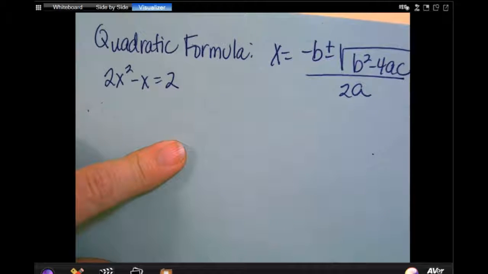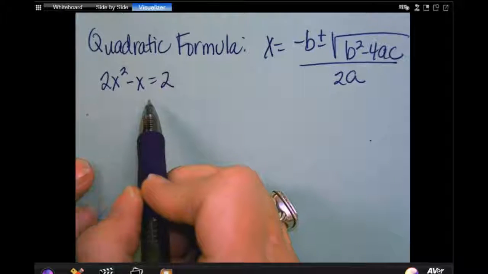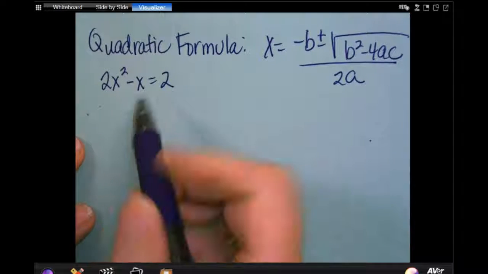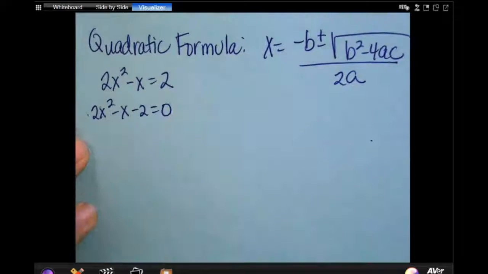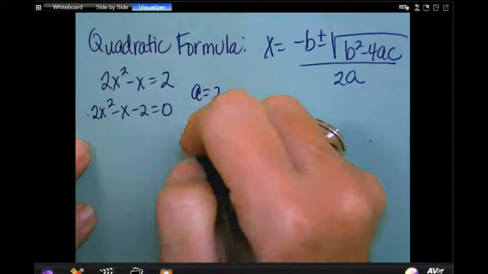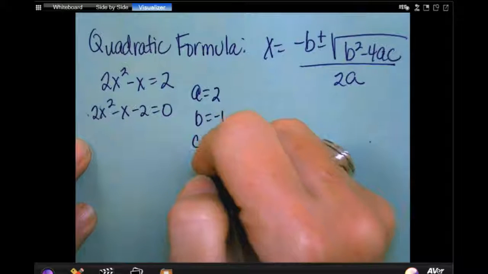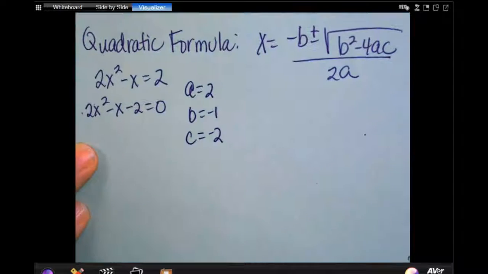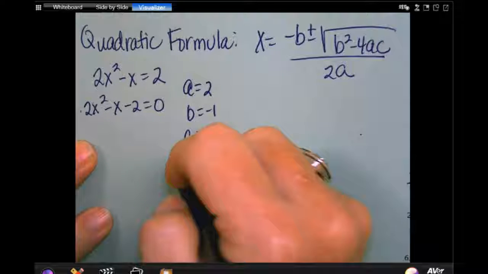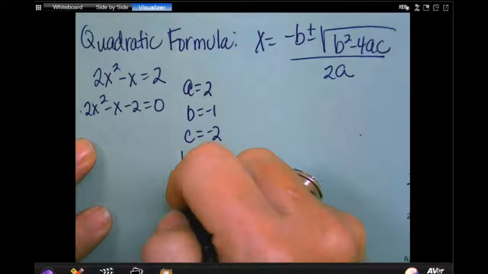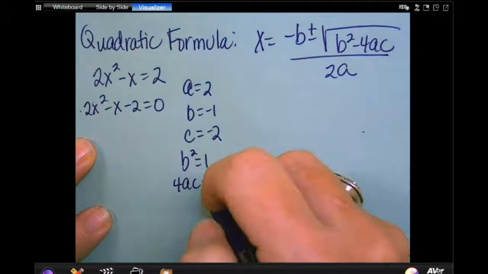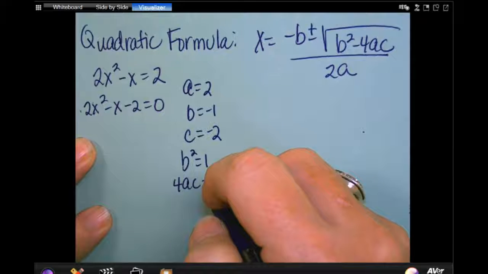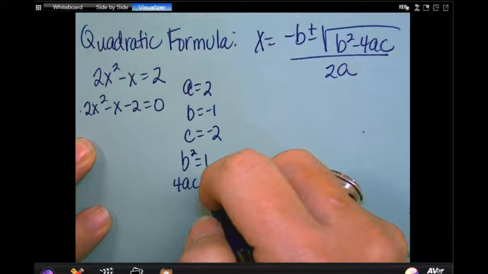So what do I have to do before I start the quadratic formula? If it's written like this, I have to put the 2 on the other side. So I get 2x squared minus x minus 2 equals 0. So my a is 2, my b is negative 1, and my c is negative 2. My b squared is 1, 4ac is negative 16.